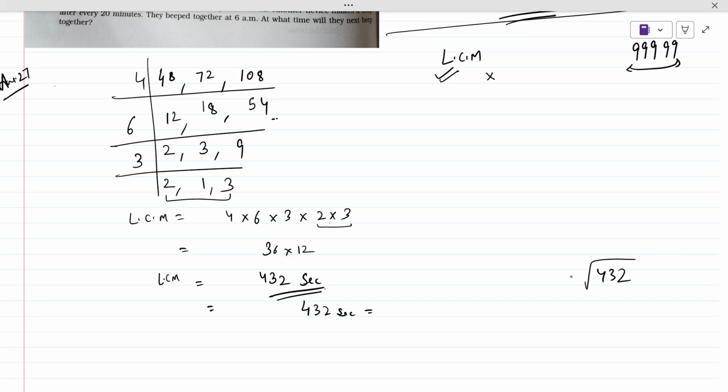So I'm just taking 6 here first. So we have 6 into 7 and 2. Okay, so what we will have here is 7 minutes 12 seconds, right? So after 7 minutes and 12 seconds, it is going to change again, right?